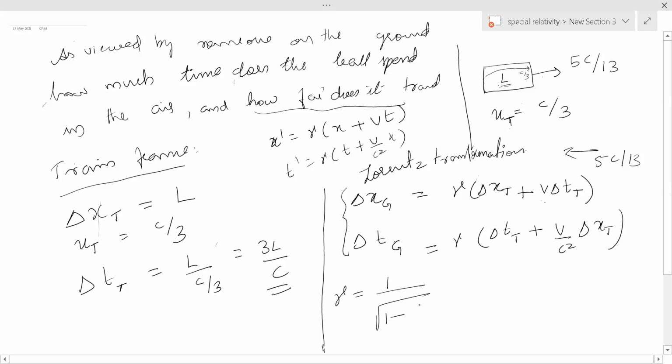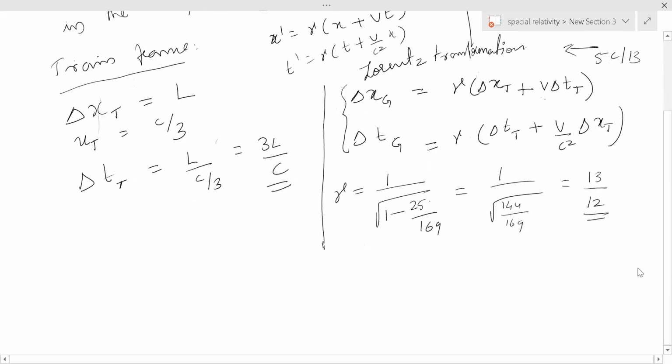It's 5c by 13, so v square by c square is 25 by 169, and that gives 1 by square root of 144 by 169. That would be 12 by 13, so it's equal to 13 by 12. The gamma factor is 13 divided by 12. You just substitute in this formula and you get the result.